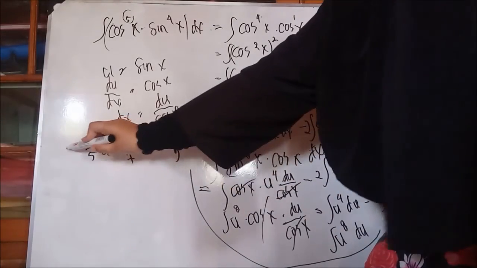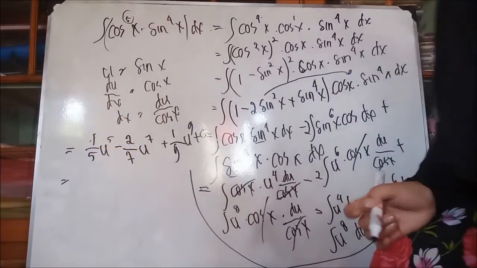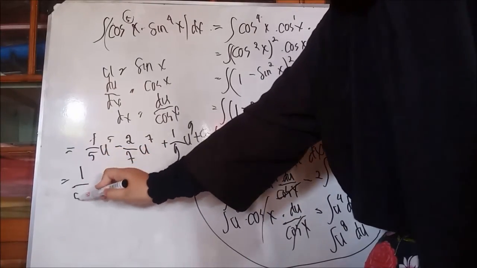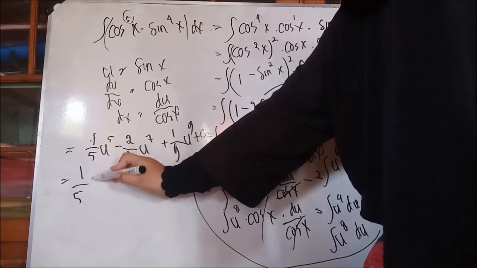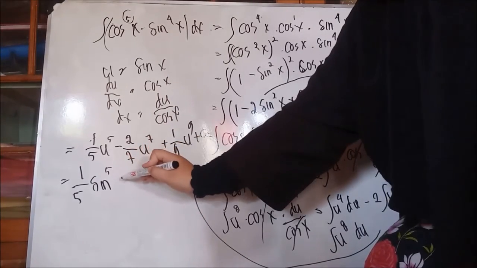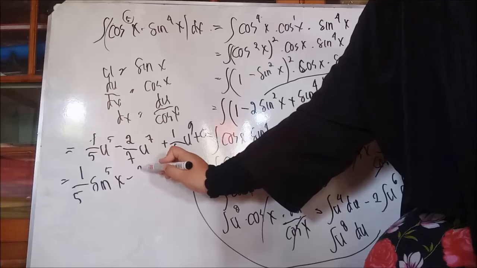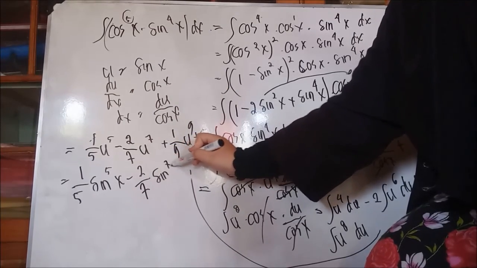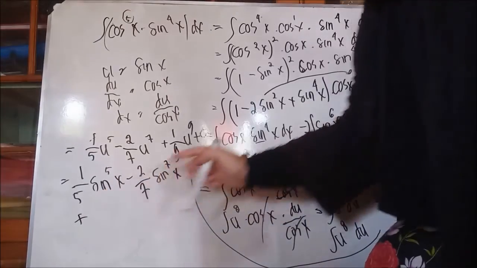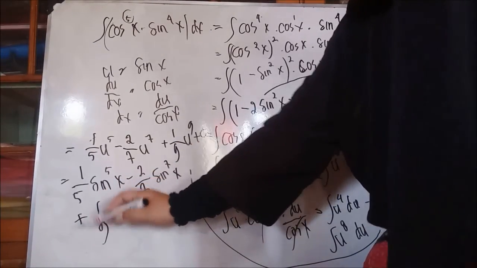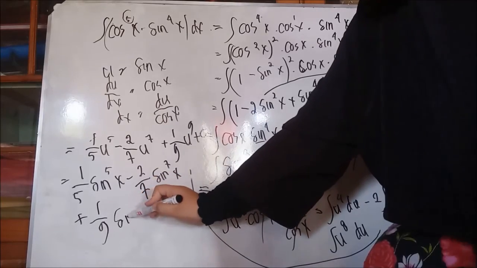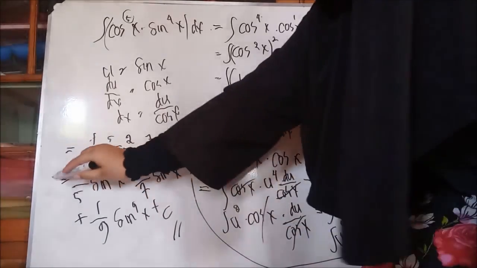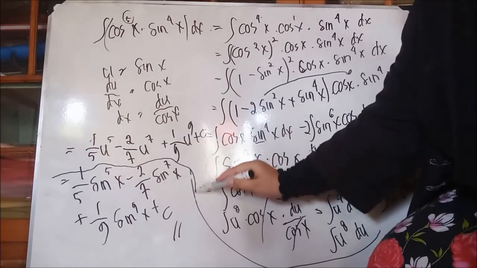So back to substitute, the value of u is sin x: 1 over 5 sin to the power of 5 x minus 2 over 7 sin to the power of 7 x plus 1 over 9 sin to the power of 9 x plus c. So this is the result.